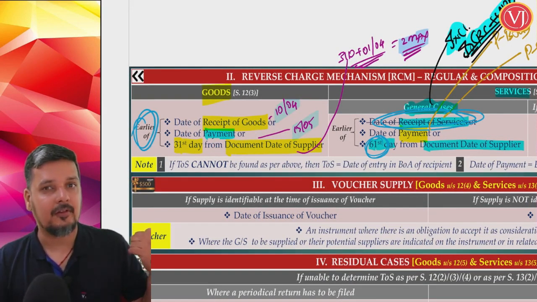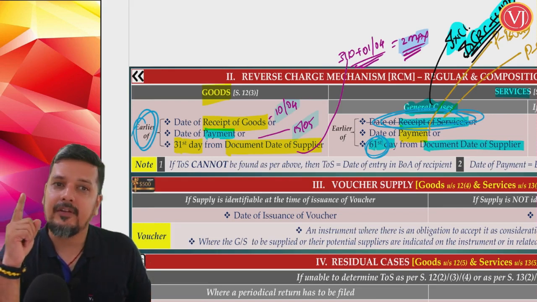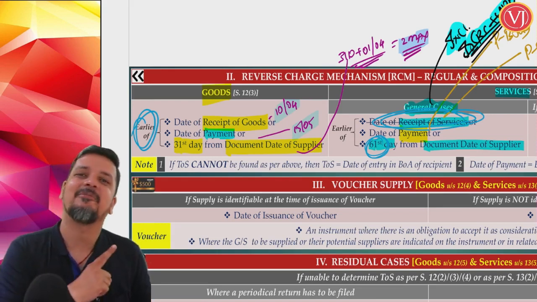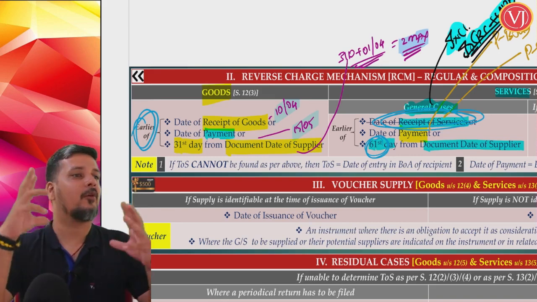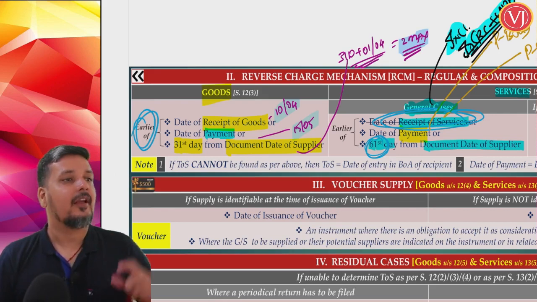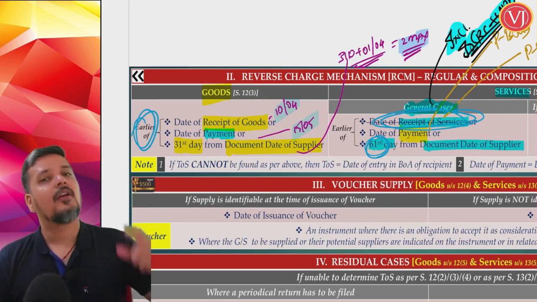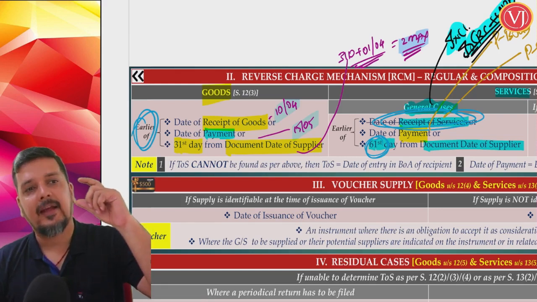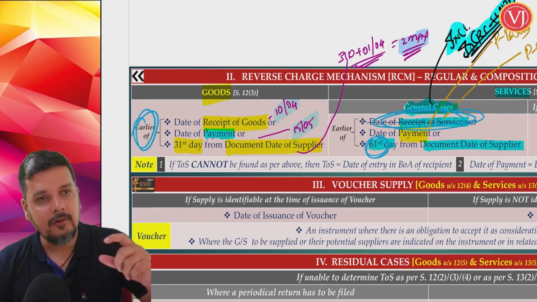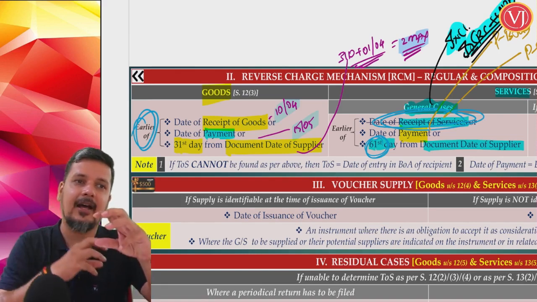No exception. In which scenario is payment not relevant? If it is FCM, goods, regular scheme. Now that we have seen both FCM and RCM, payment is not relevant where? No, don't just say goods, regular scheme, then you are missing FCM, RCM. It is not relevant in FCM, goods, regular scheme. It should be FCM case, goods sector, regular scheme.